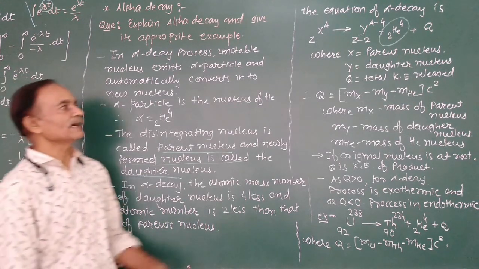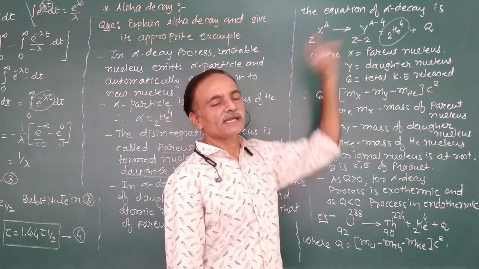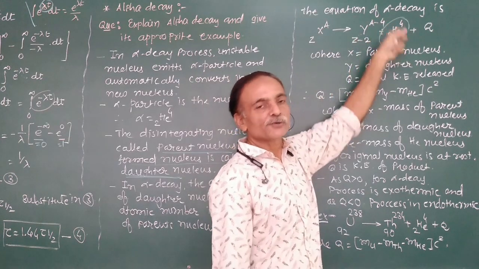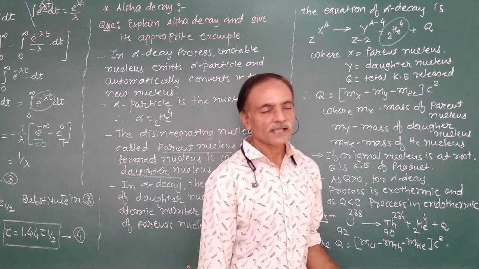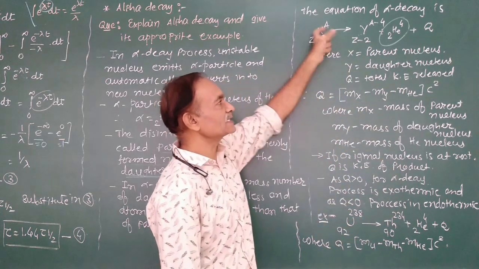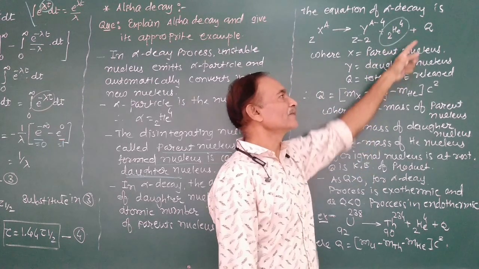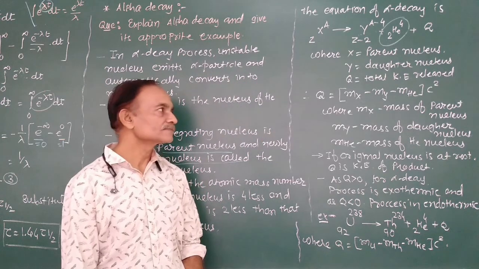Now the general example of alpha decay is that X Z A converts into Y, Z minus 2, A minus 4, plus 2He4 helium nucleus, plus Q amount of energy. X is known as the parent element, Y is known as the daughter element, 2He4 is the helium nucleus, and Q is the kinetic energy released.